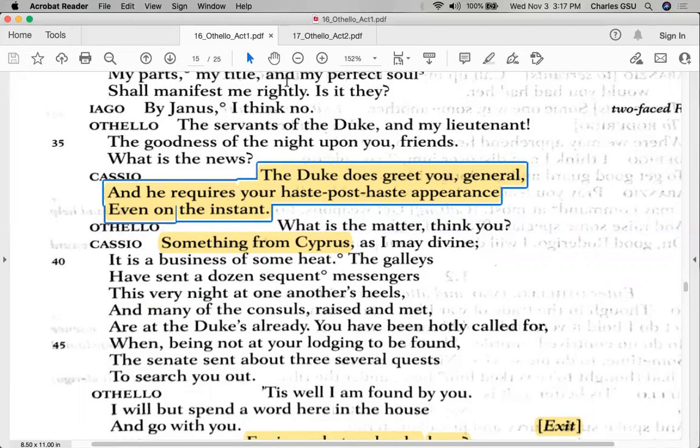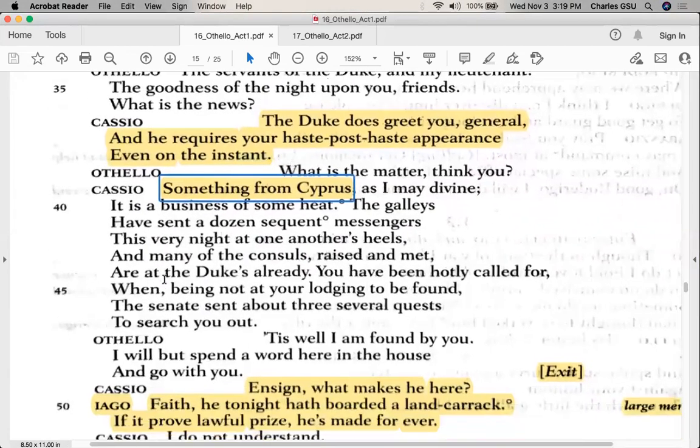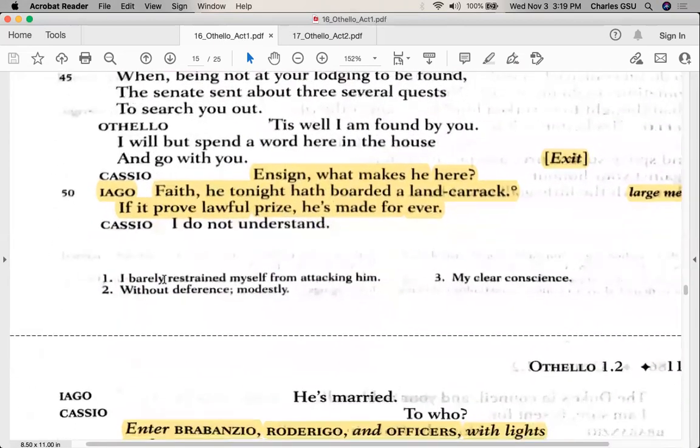In other words, the Duke, the most important person in the dukedom, has told you to hurry up to the palace. And it's something from Cyprus, meaning there's news that we need to contend with at Cyprus.